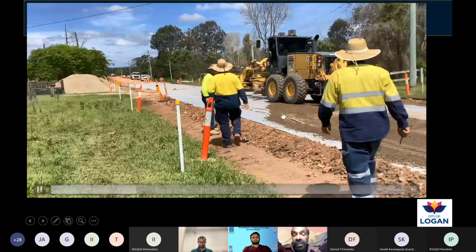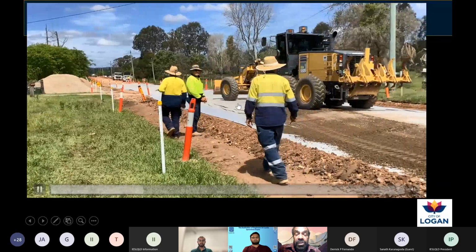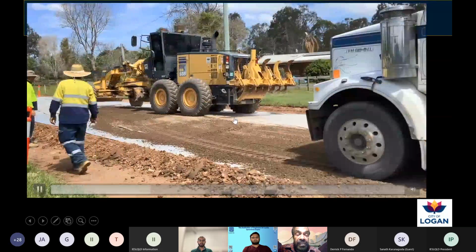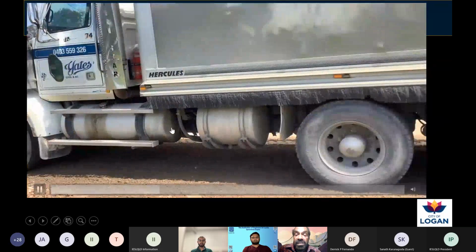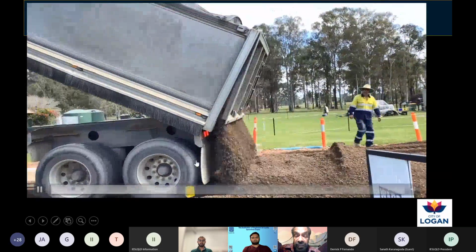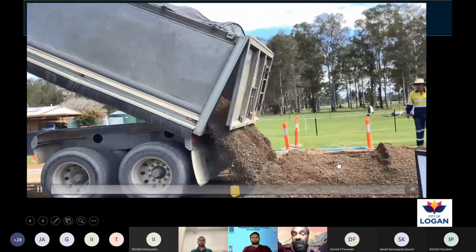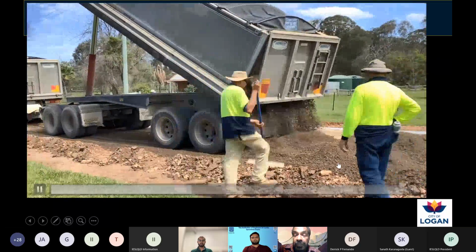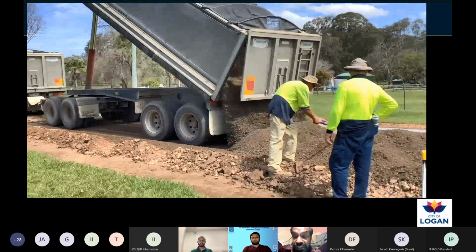After that, we had a composite geogrid. On top of that, we laid this material. This is the truck and dog with the material, and they are spreading the material. After that, you can see these people are picking up something. What is that?